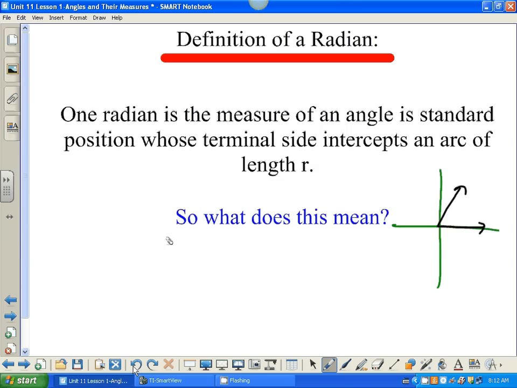So if I make this into a circle, here's my arc, and this length is the same as this length, is the same as this length. That's what a radian measure is. I think that's very abstract. So if you wanted to take a bunch of circles and measure off their radius along the arc, you will notice the following is going to happen.